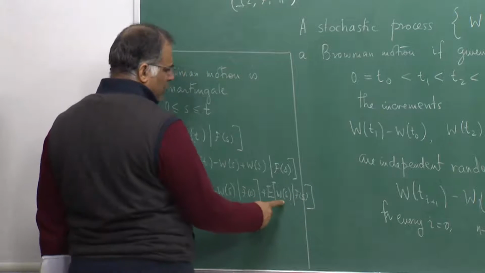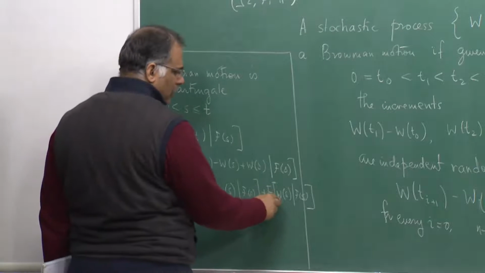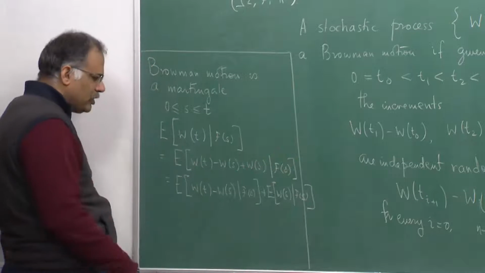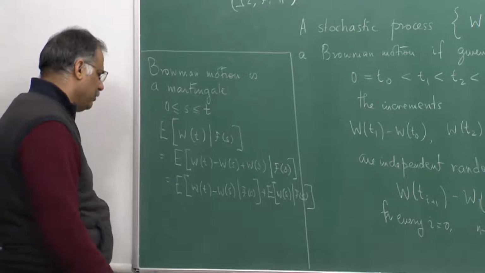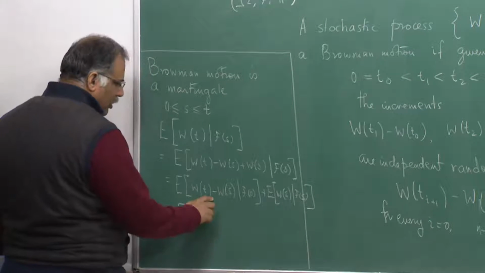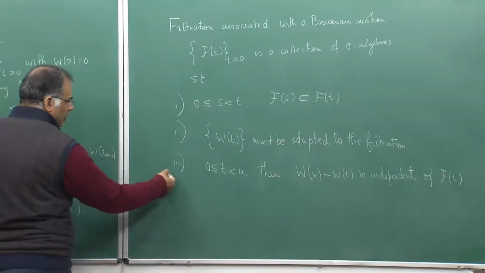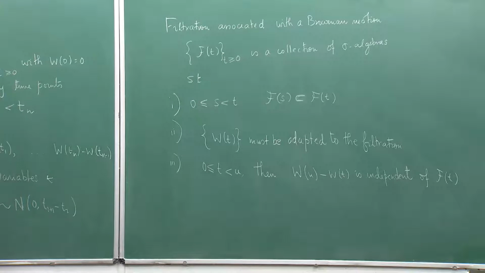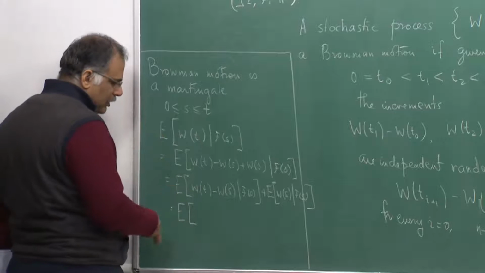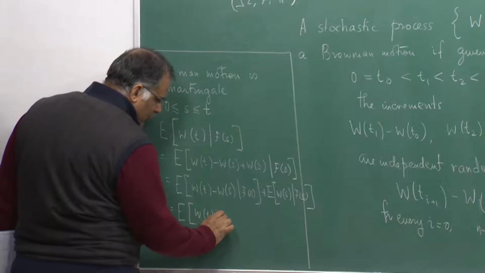You know, Ws is completely determined by Fs, it is known. So, you have to take out what is known. So, Ws is equal to Ws into 1, you take out the Ws, expectation of 1, of a constant random variable, is the same. Now here Wt minus Ws, by the third definition, does not depend on Fs. So, there is no conditional expectation here. It is just the expectation.